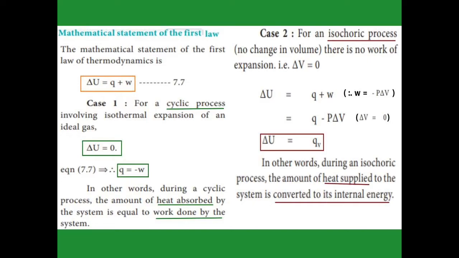And then delta U, we know very well the formula is Q plus W. See equation 7.7, and in that W is minus P delta V. Here we are going to consider the pressure volume work, so you put minus P delta V here, and delta V is 0, so we put the 0 value there, and we get delta U equals Q, and we indicate that it is at constant volume. So now the change in internal energy is brought about by heat supplied to the system in the isochoric process.